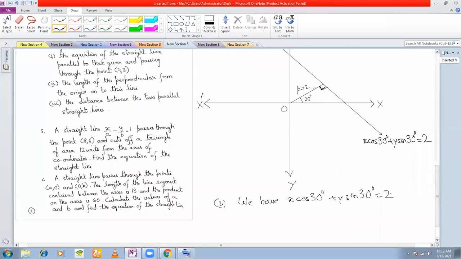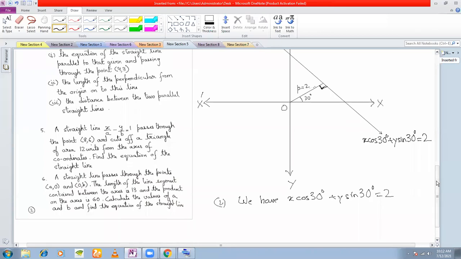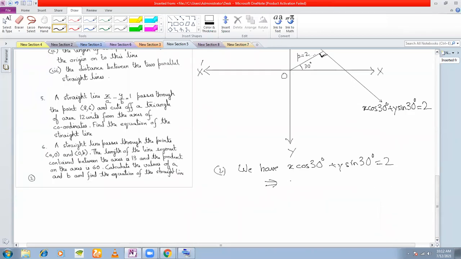Now put the values of the angles here. If you put the values of the angles, cos 30 you know is root 3 by 2 plus sin 30 here is half, right? So what is the equation you are getting here? x root 3 plus y is equal to 4. That means you get y is equal to minus root 3 x plus 4.